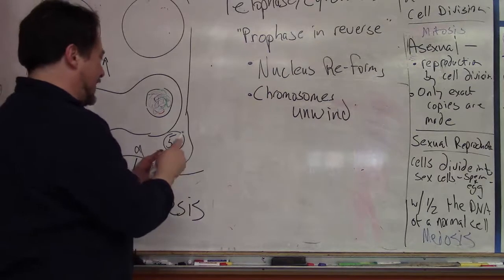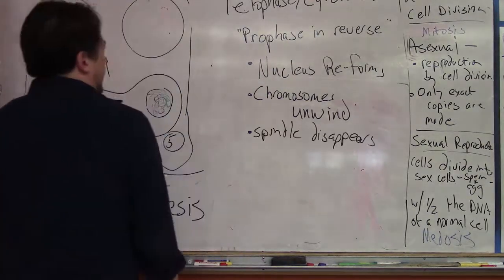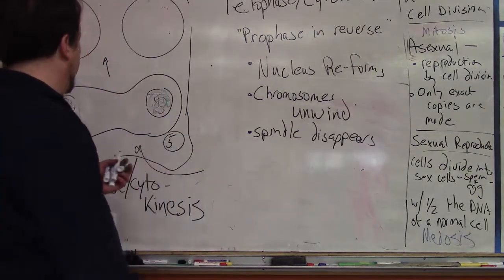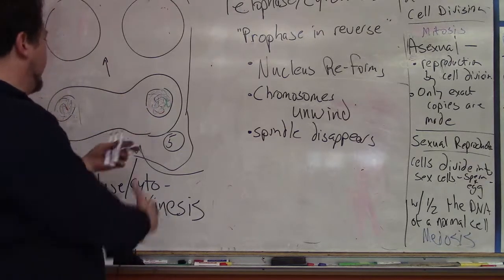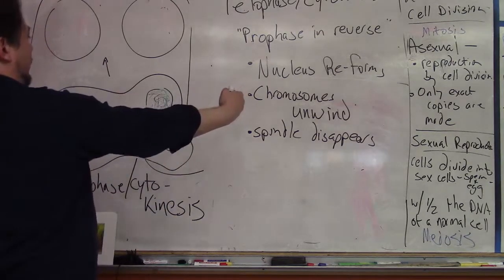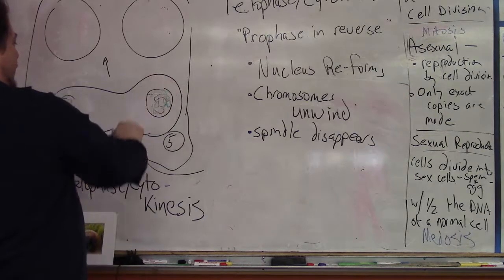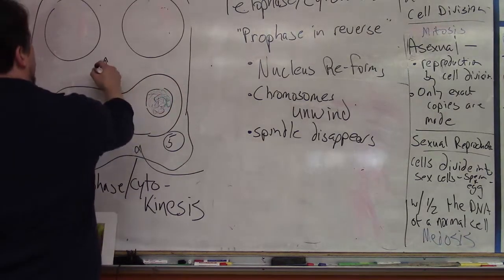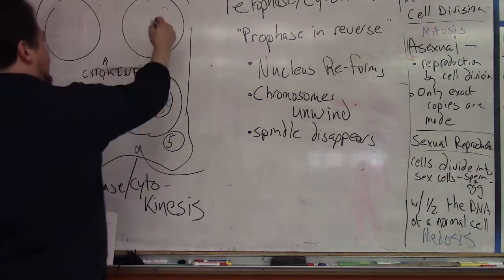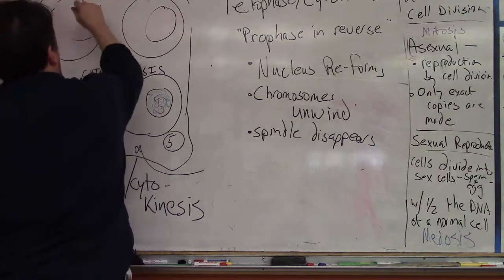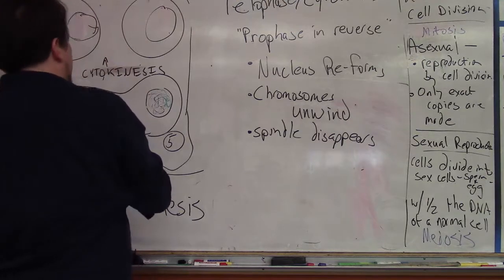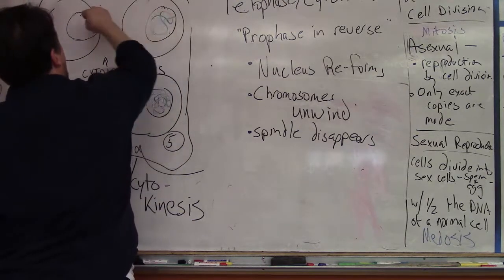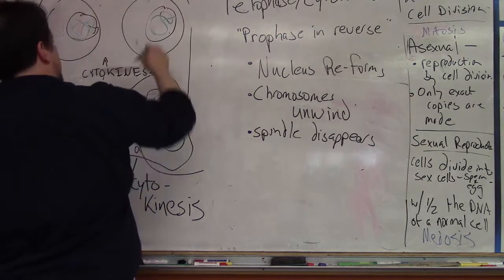And then the third thing is that the spindle disappears. And so those are the three things. The spindle disappears because its job is done, right? It's pulled the chromosomes apart, half in each side, nucleus reforms, and then the cell goes through cytokinesis and reforms the cell just like it was before, except that now there are 2 of them.